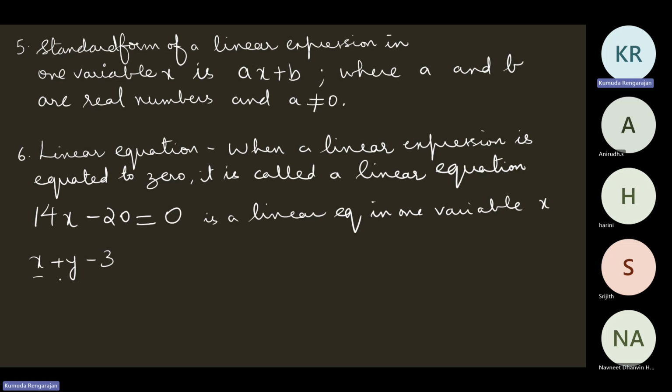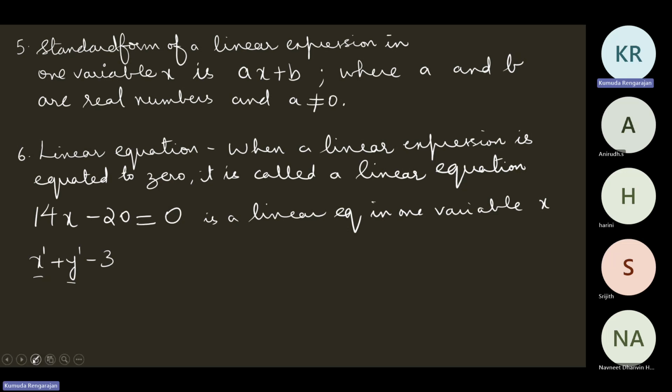And the variables are x and y. The power of x is 1. The power of y is also 1. So the highest power of the variables involved is 1. So you can use the term linear. x is raised to the power 1, y is also raised to the power 1. So you can use the term linear.